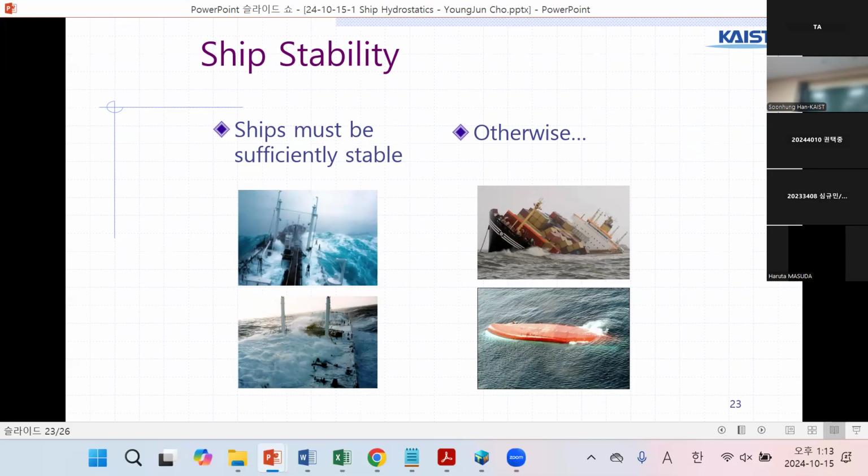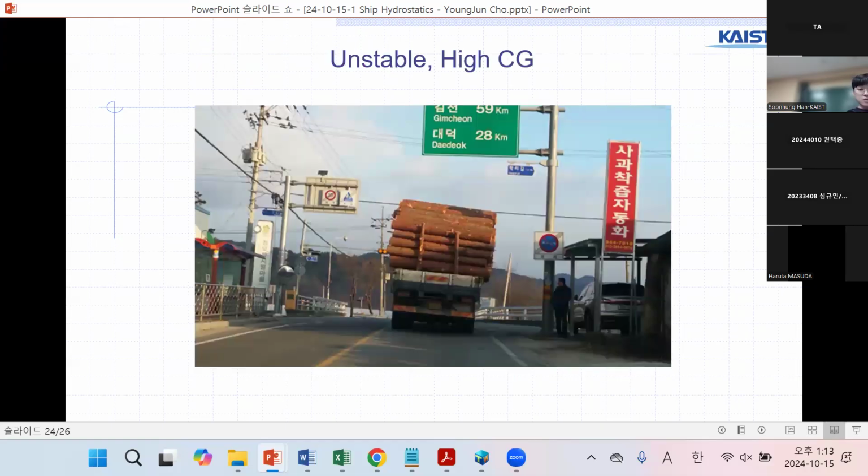And on the right side of the picture, the ship is overrolling due to the instability, as we learned in this morning's class. The unstable state can occur due to the system's high center of gravity.